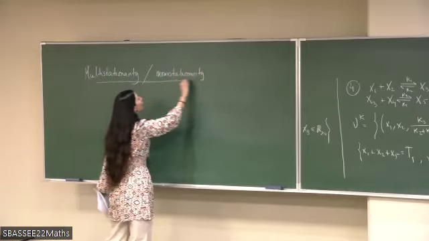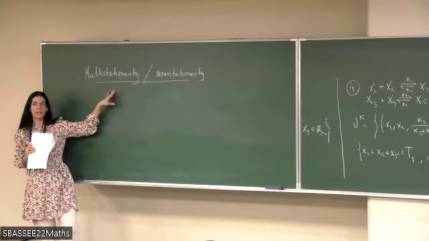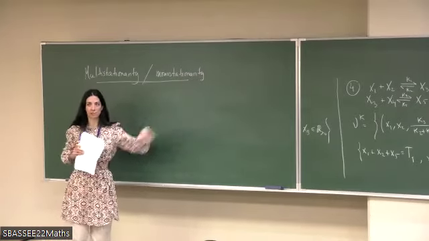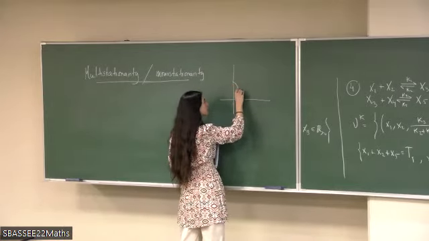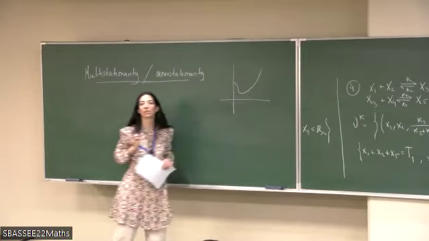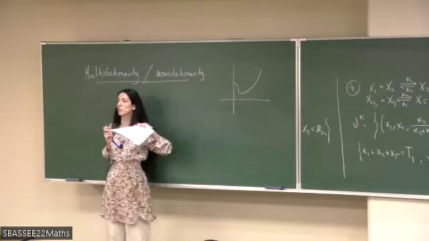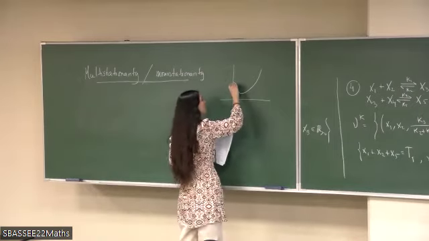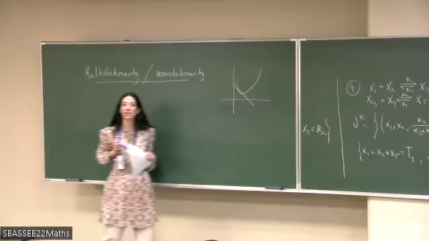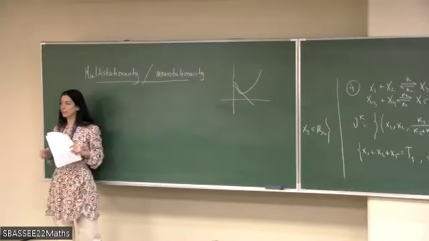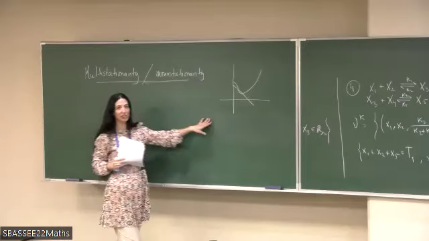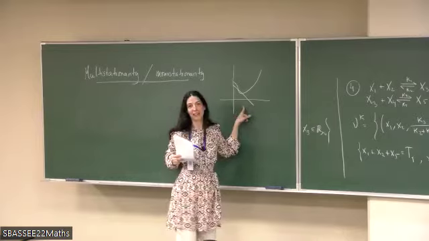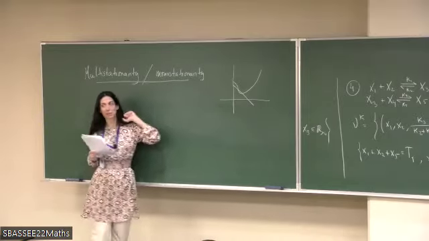I say that a network admits multistationarity if there is some value of the k's such that I get a variety, for instance, as the one that I got yesterday. So for some of the k's, the variety looks in a way that there is some compatibility class for which there are more than one equilibrium. Then I say that the network admits multistationarity. If it does not, if for all k this never happens, then I say it is monostationarity.